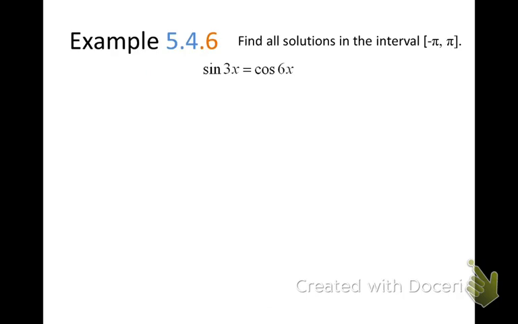All right. You have a sine and a cosine. Is that good for you? No, it is not. But what do you notice about your angle values?